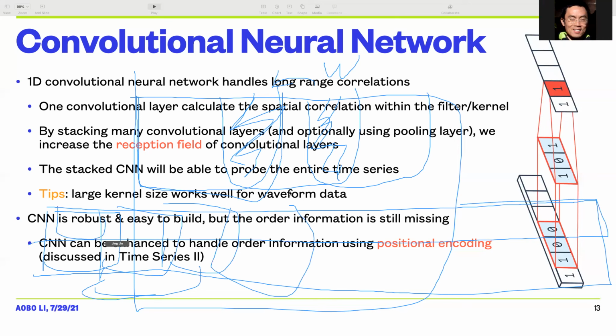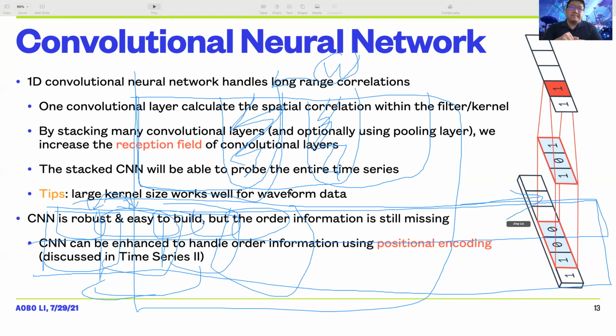And then we have our filter moving this way. That's effectively the same as taking into account the old information to update your weight. That's the same as a time series neural network. Basically, the order is already built in. Okay, so this is very subtle.